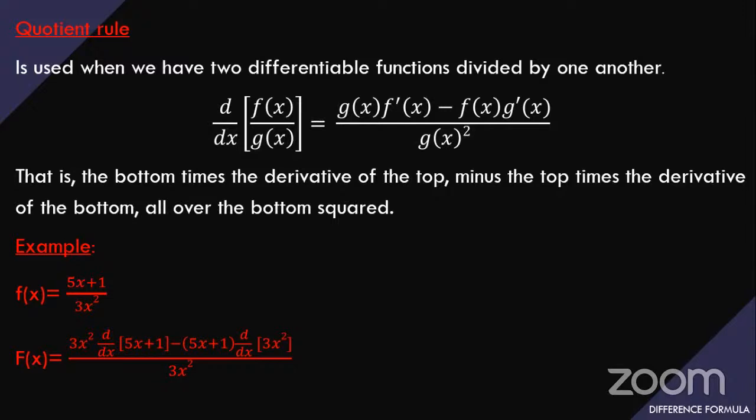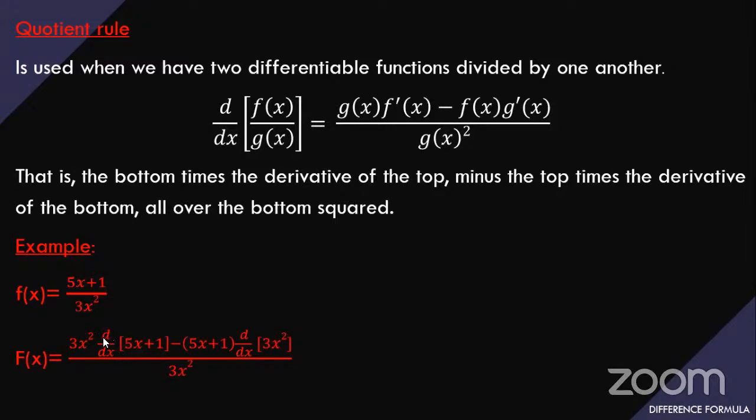A simple example can tell us what this is. So if we consider the function f(x) = (5x plus 1) divided by 3x squared, if we put the quotient rule formula into this example, we have 3x squared, which is the bottom, multiplied by the derivative of the top, which is 5x plus 1.